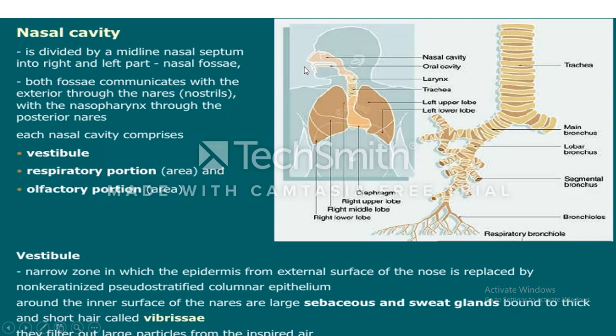Okay, vestibule. This is vestibule. Vestibule covered by skin. This skin is a thin skin. This skin have a short hair. The name of this hair is vibrissae. Okay.